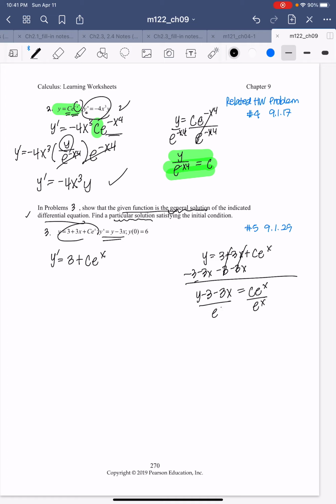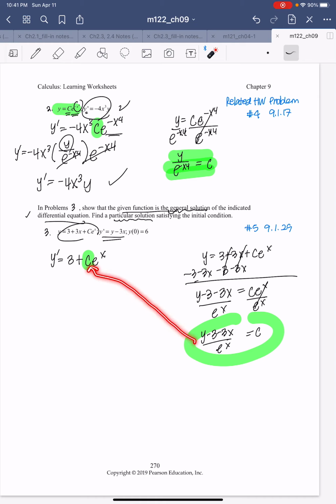Solving for c, I get y minus 3 minus 3x over e to the x. So that is my c value here. Let's plug it in. If it's a solution, that means when I plug it in, I have to get this one right over here. That's what solution means. It works. I'm getting the same result.